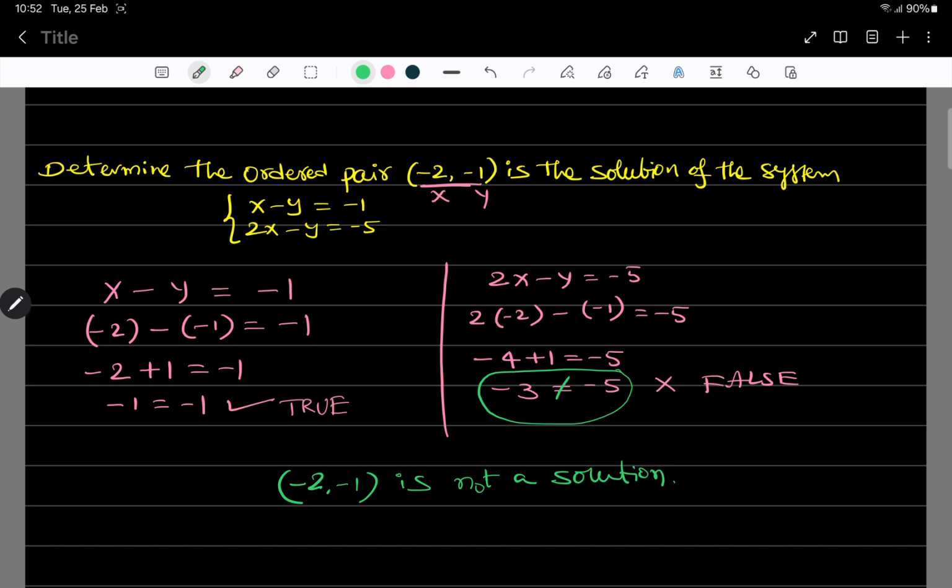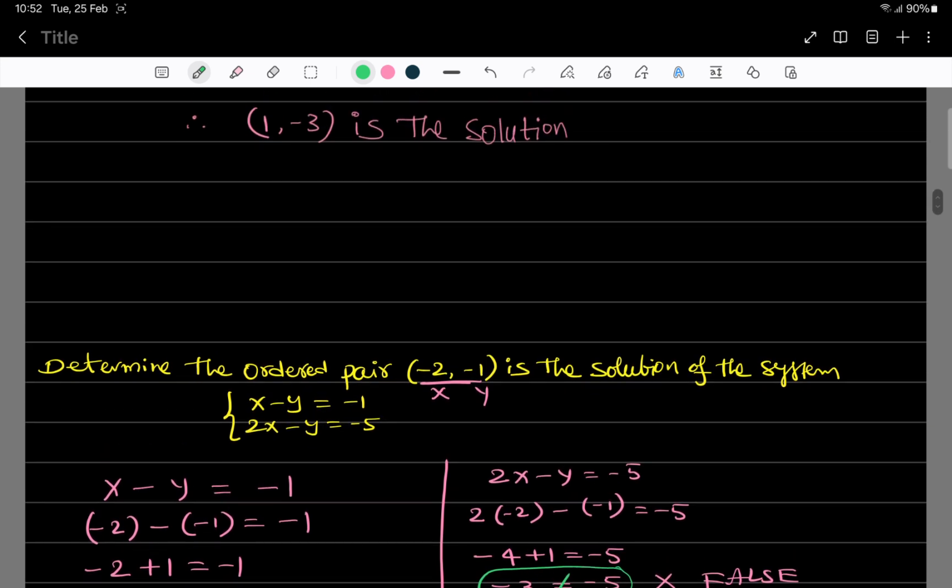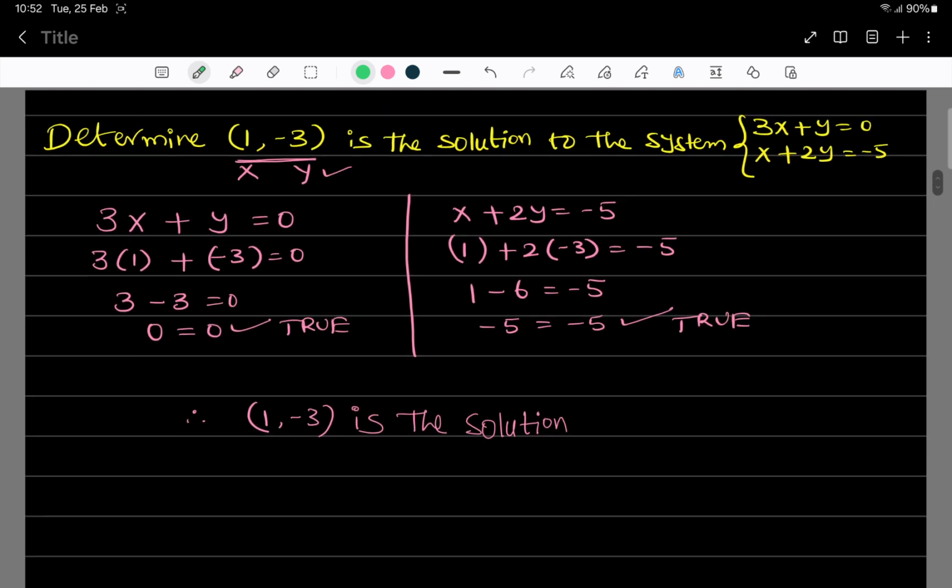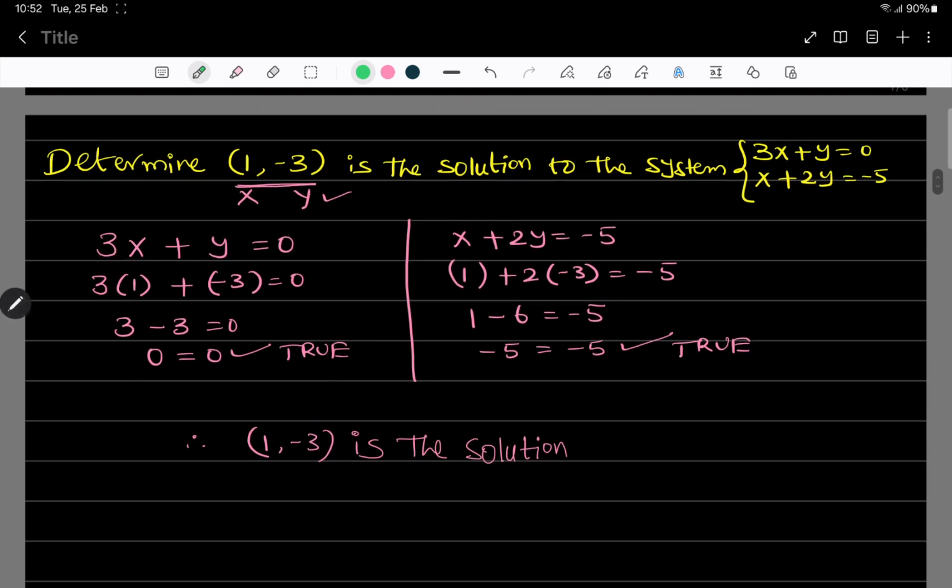Solution means both equations should be true. If one equation is true and another equation is false, then it is not a solution. And if both equations are false, then it is also not a solution. Solution only when both equations are true.